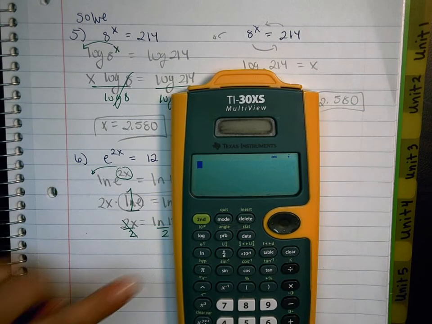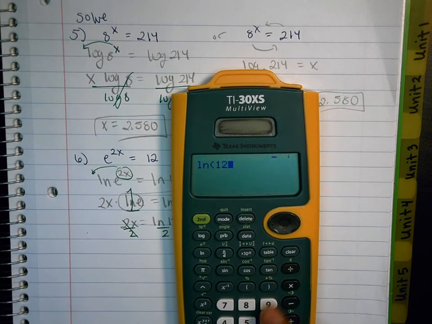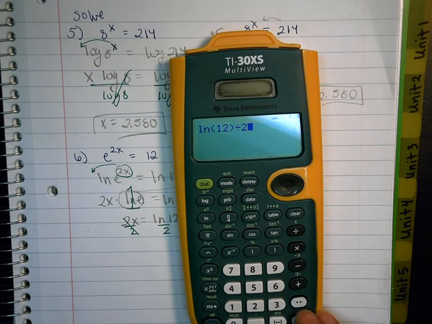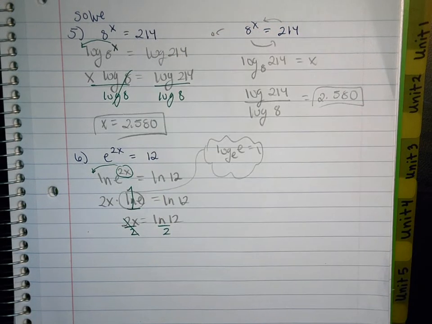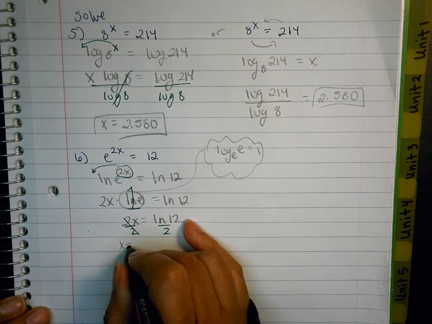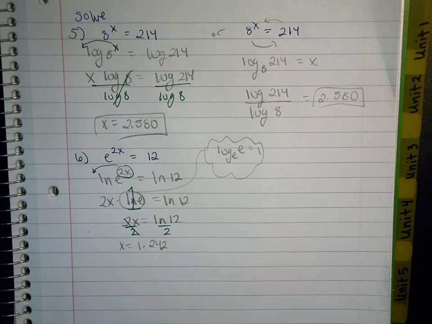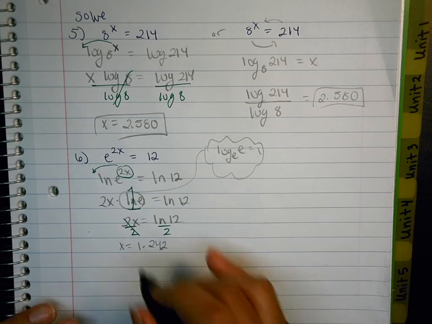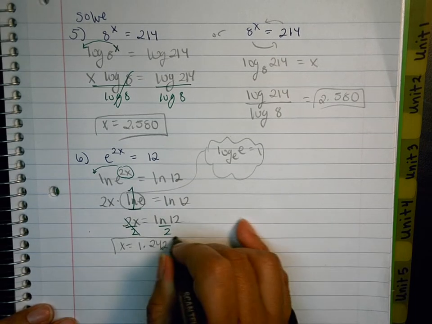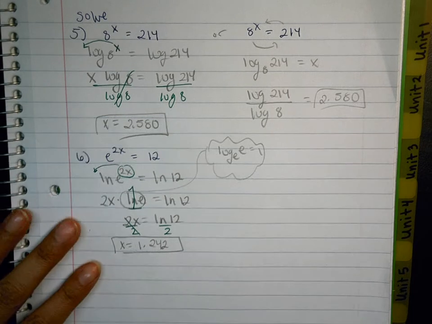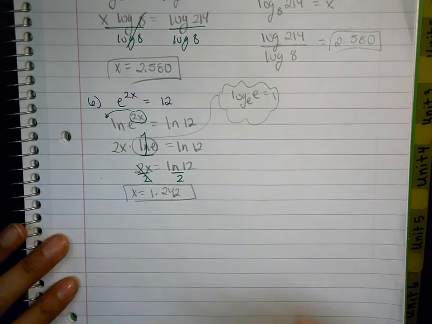Ln, this time using the ln key, 12, close parentheses, divide by 2. 1.242. Now, if you wanted to use the change of base there, you could as well. But I am going to move on to number 7.